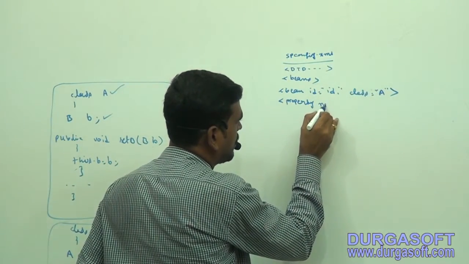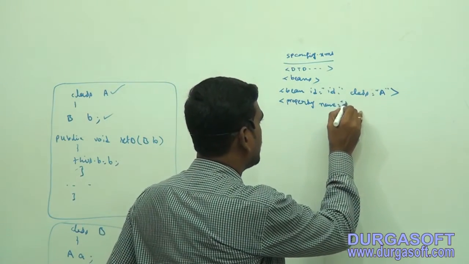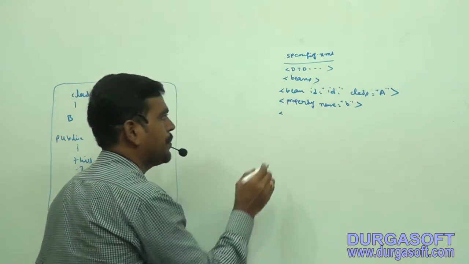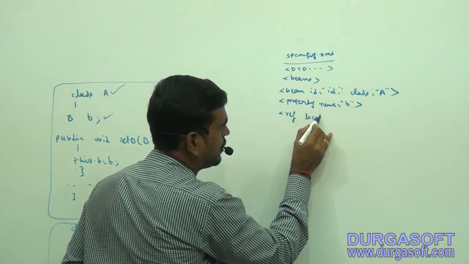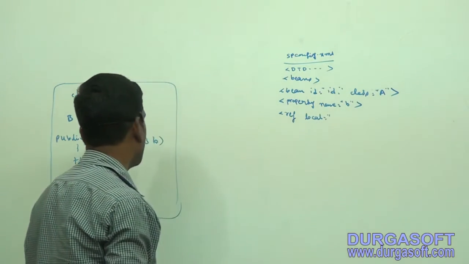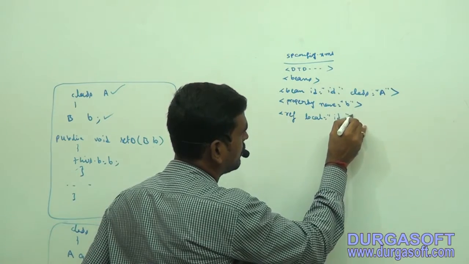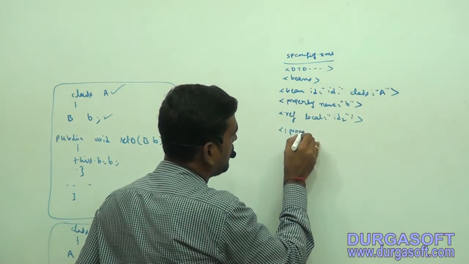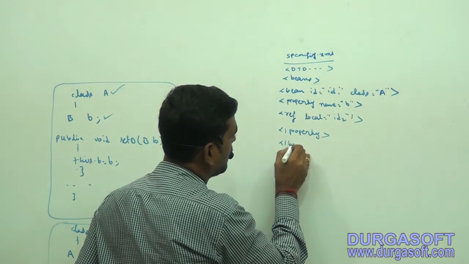Property name is equal to b. Under that, ref local is equal to id2. The next, close the property, then close the bean.